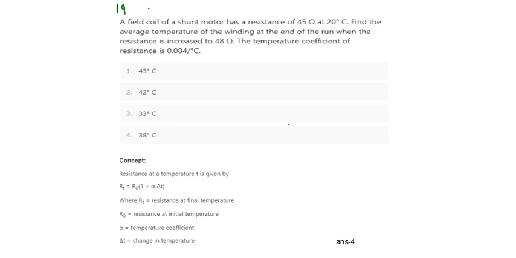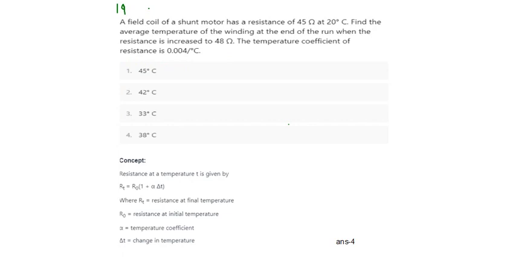A field coil of a shunt motor has a resistance of 45 ohm at 20 degrees Celsius. Find the average temperature of the winding after operation, when the resistance is increased to 48 ohm. The temperature coefficient of resistance is 0.004 per degree Celsius.